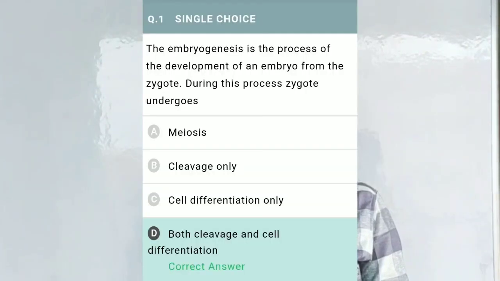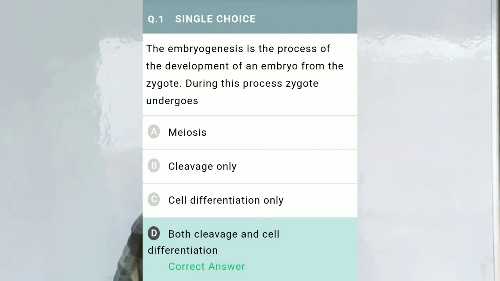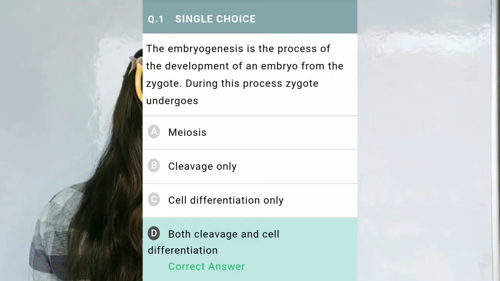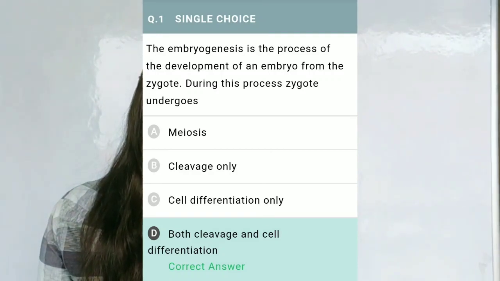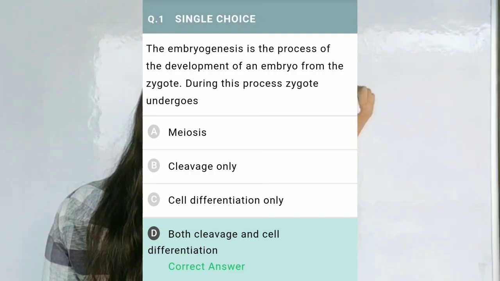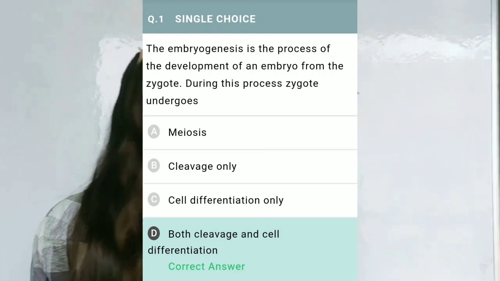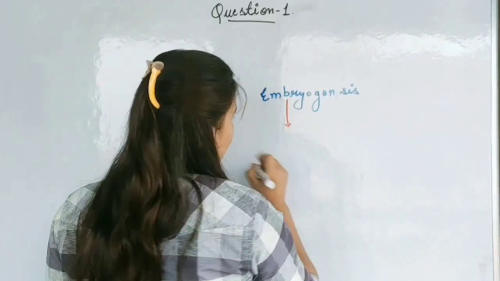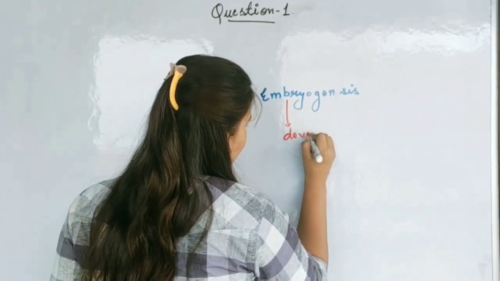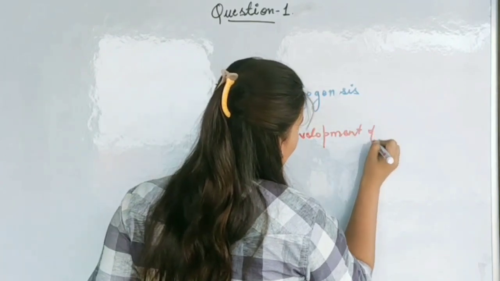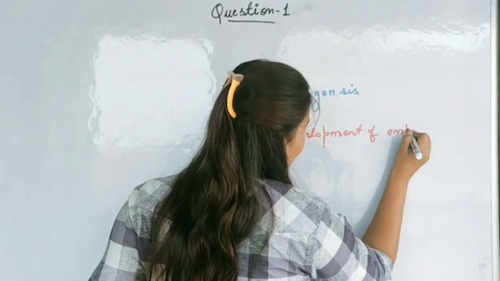Embryogenesis is the process of the development of an embryo from the zygote. During the process, zygote undergoes. Now, if we look at the term embryogenesis, embryogenesis is the process of development of embryo.